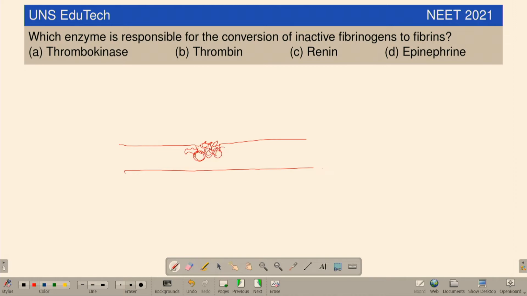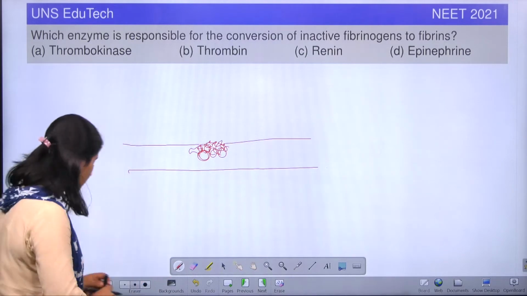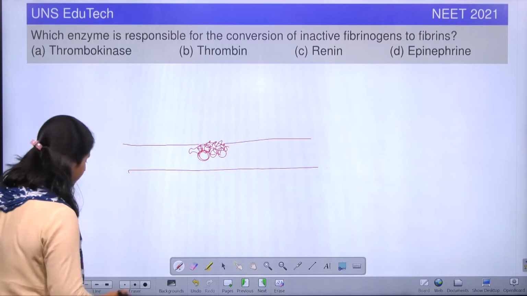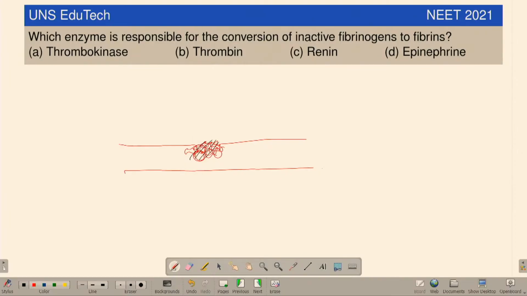Now the RBCs and platelets have made a plug here, but there is an extra substance called fibrin, right? Fibrin comes into the picture and forms a mesh here so that the plug becomes tight and nothing oozes out from the blood vessel. Now here the question is, this is fibrin, right?